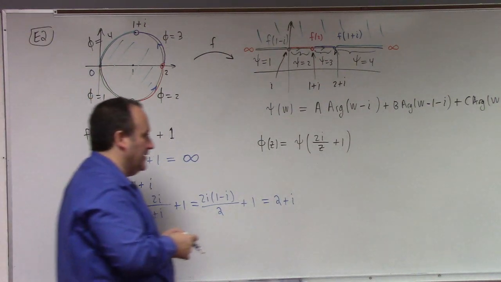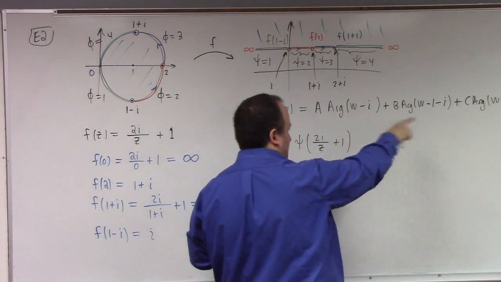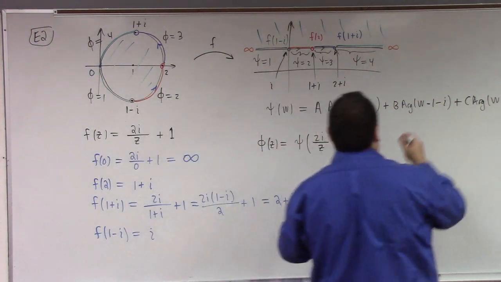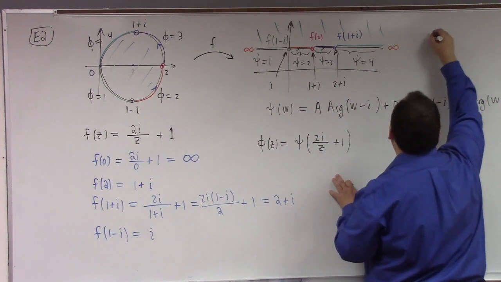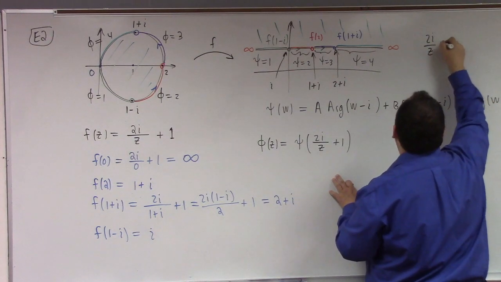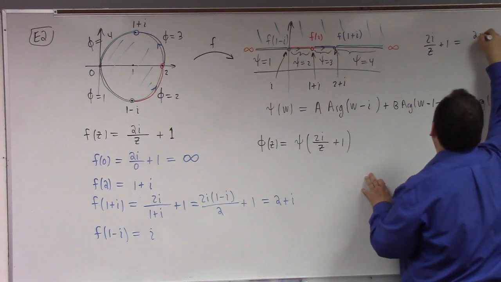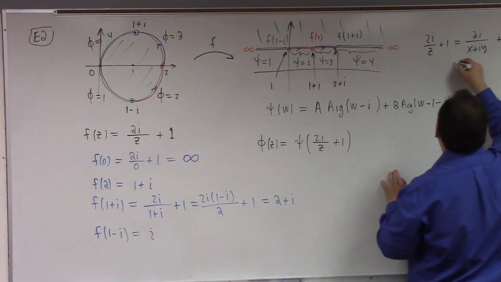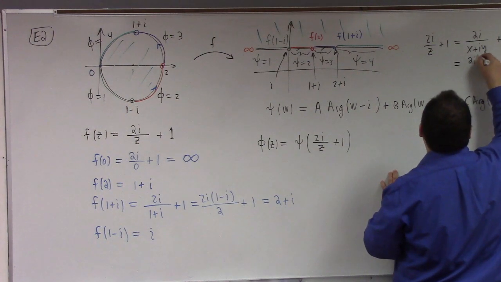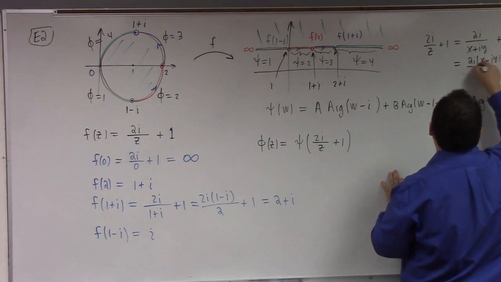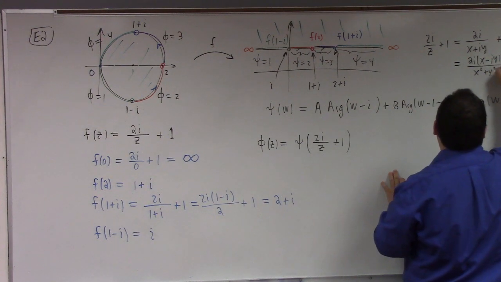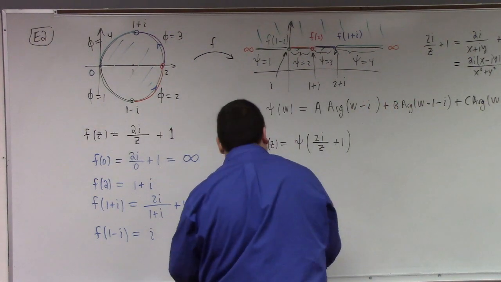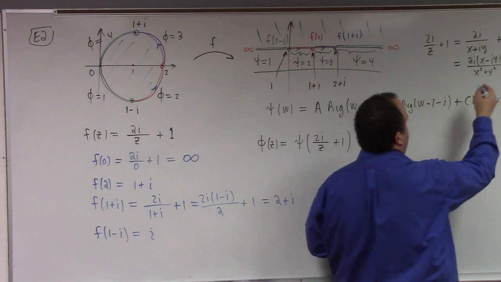So I'll do a little bit more. So we have to, in order to implement this, leaving the task of finding A, B, C, D aside, let's work it out. So we've got 2i over z plus 1, right? Which is what? That's 2i divided by x plus iy plus 1, which is 2i times x minus iy divided by x squared plus y squared plus 1, which is what we got here.